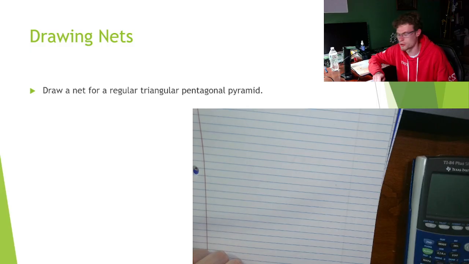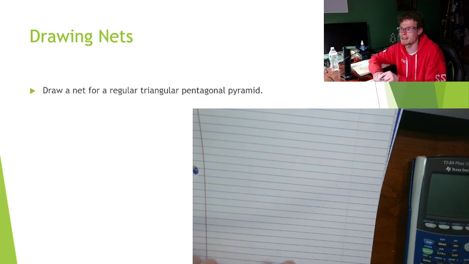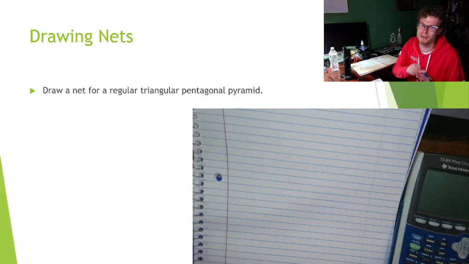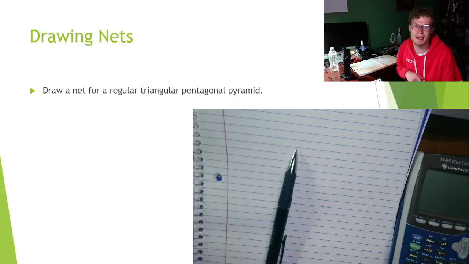Drawing nets. So drawing a net for a regular pentagonal pyramid. Well, if you want to draw a net for a pentagonal pyramid, you first of all have to identify what a pyramid is, obviously. So let's draw that real quick. A pentagonal pyramid is a pyramid that is made up of a pentagonal base. I'm doing the best I can here with this.